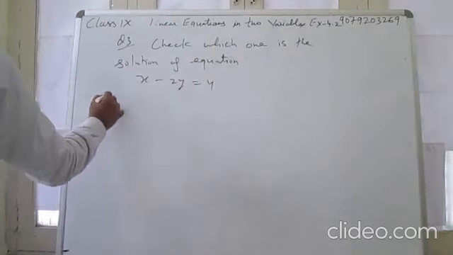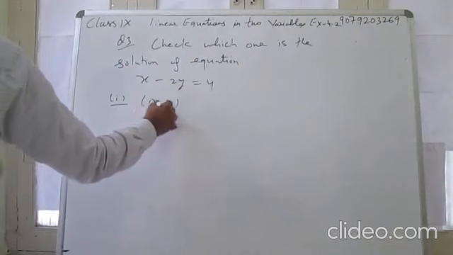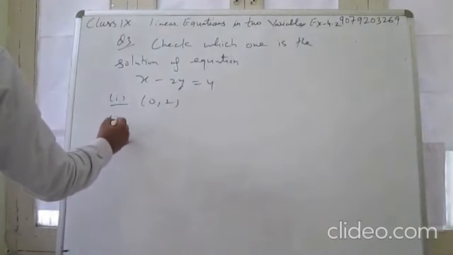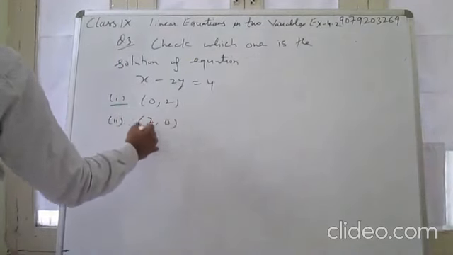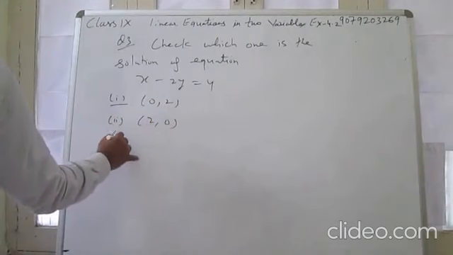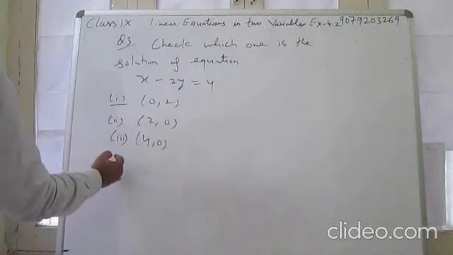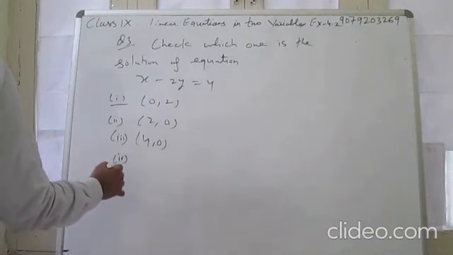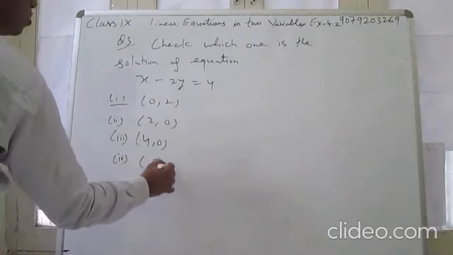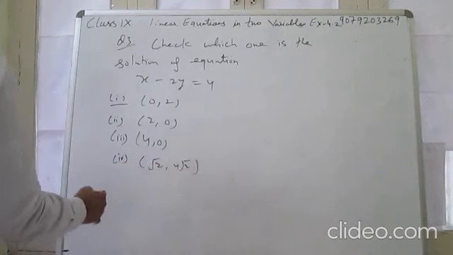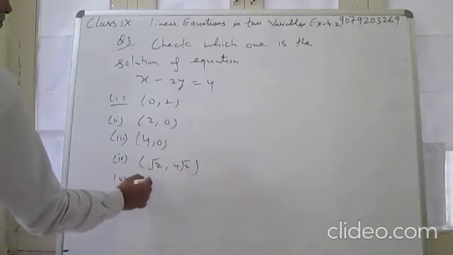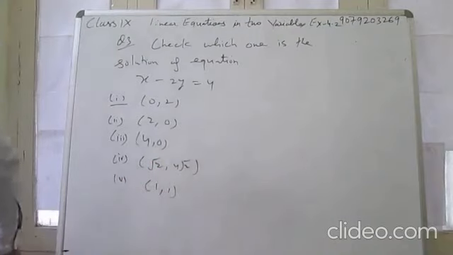Points are given to you: first 0, 2; second 2, 0; third 4, 0; fourth root 2, 4 root 2; and fifth 1, 1.